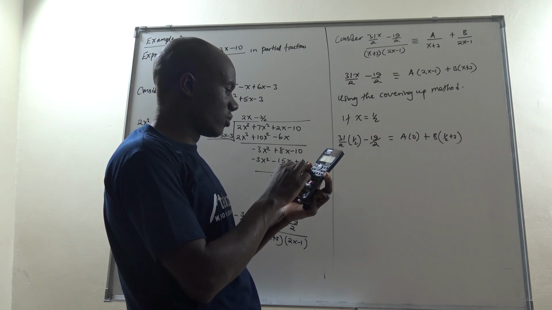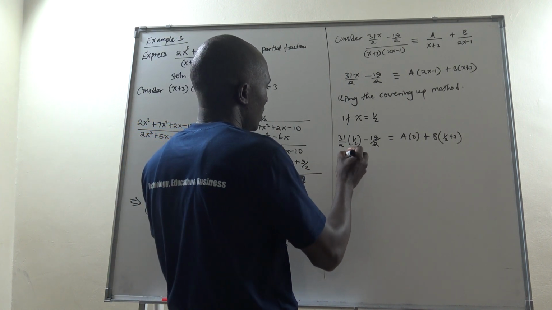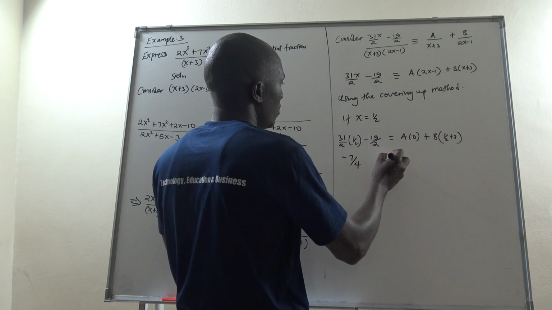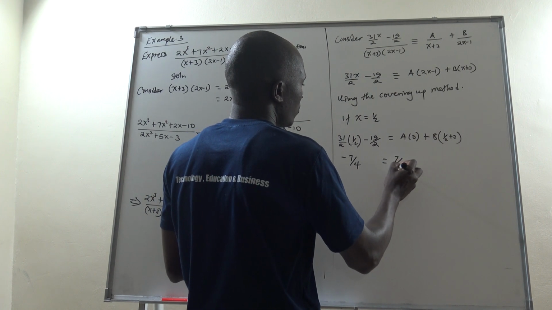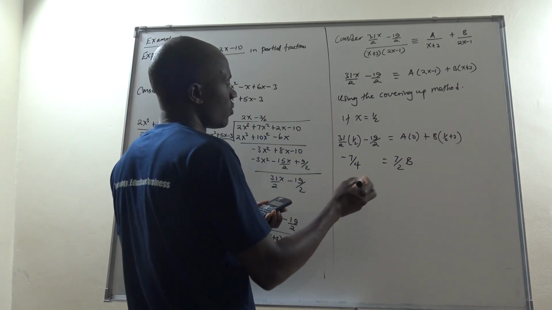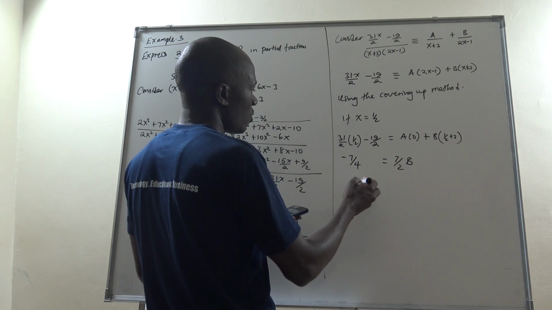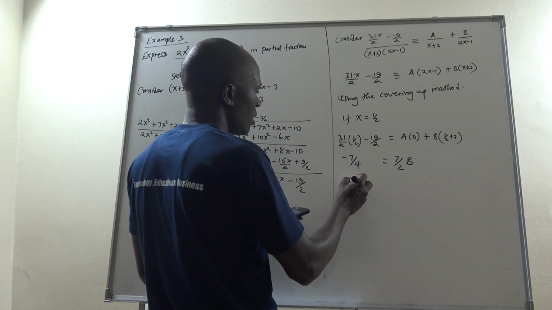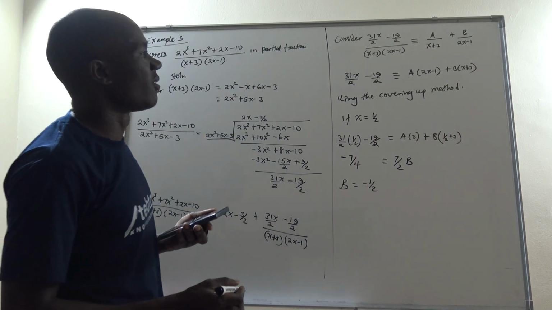We come out with negative 7 out of 4, which is equal to 7 out of 2 b. So when you reduce, 7 goes, and we are remaining with b equals negative a half. So I've got b as negative a half.